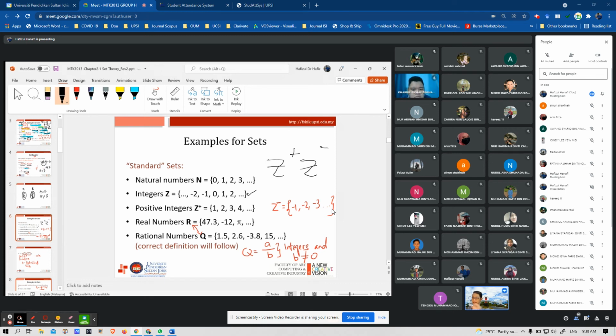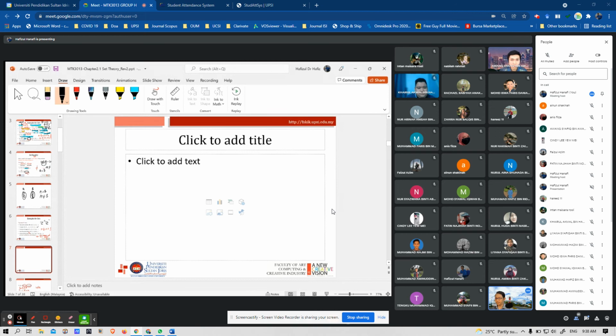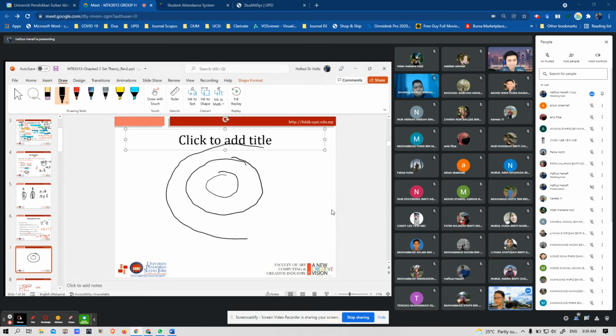Rational numbers are a subset of real numbers, like this. This one is real numbers.